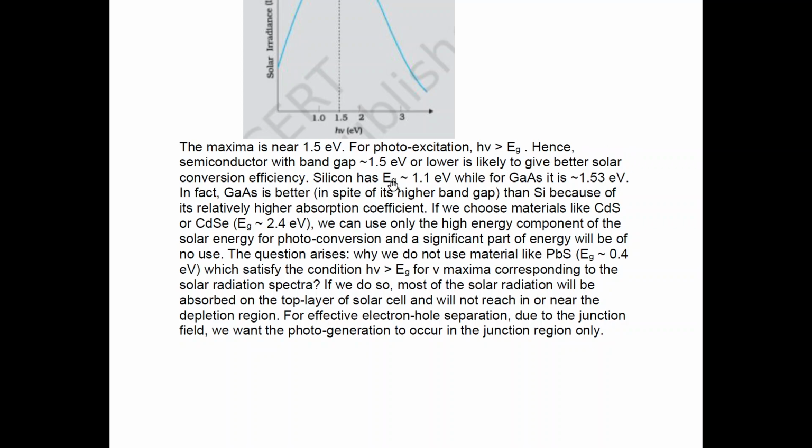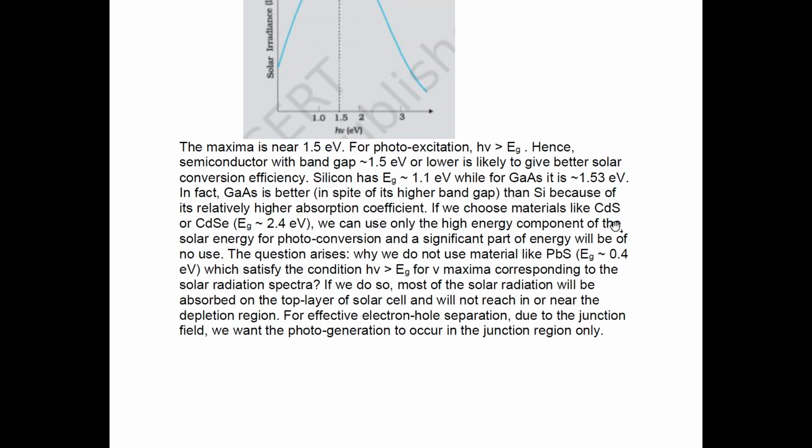Silicon has band gap around 1.1 electron volt, while for gallium arsenide it is around 1.53 electron volt. In fact, gallium arsenide is better in spite of its higher band gap than silicon because of its relatively higher absorption coefficient, which is also a very important and major factor.